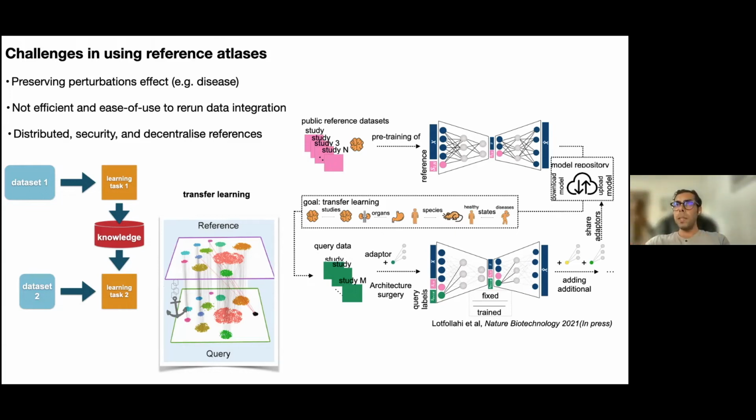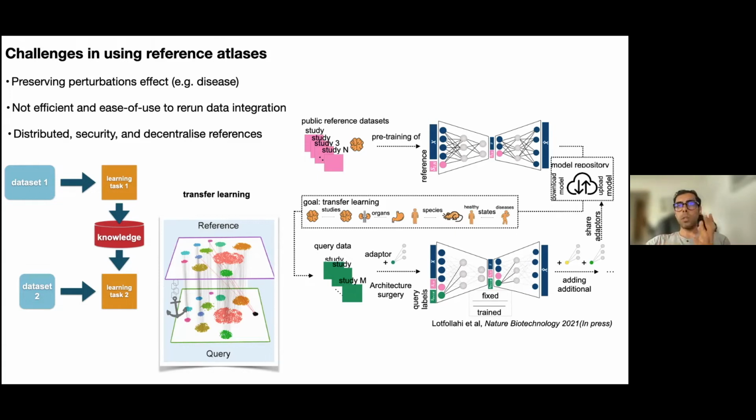And then once a new data set comes, you can basically transfer the weights from the previously trained model to a new data set, which we call query, and perform transfer learning between different states like healthy and disease, or different species, or different organs, or different studies.